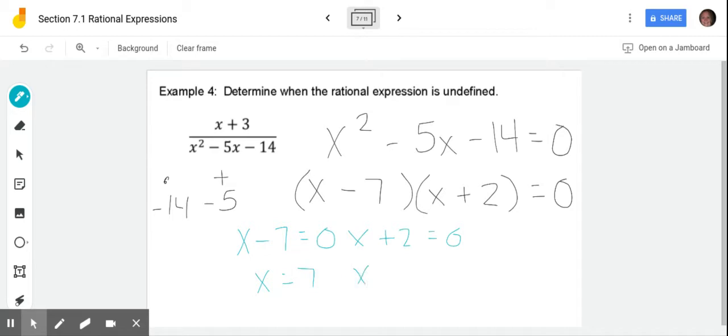When I solve this one, I get that x equals negative 2. So my actual answer is that x cannot be equal to 7 or negative 2. Because if I plug 7 or negative 2 into that denominator, I'm going to get 0 on the bottom of my fraction.